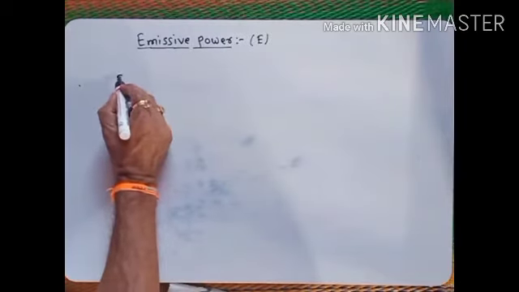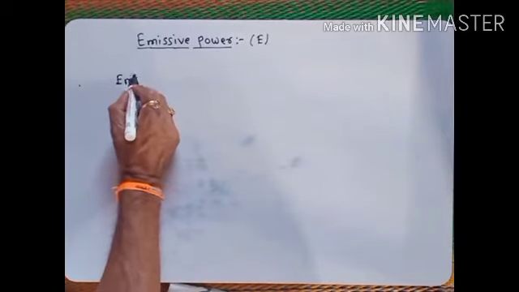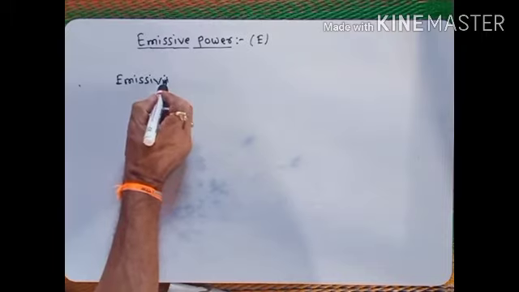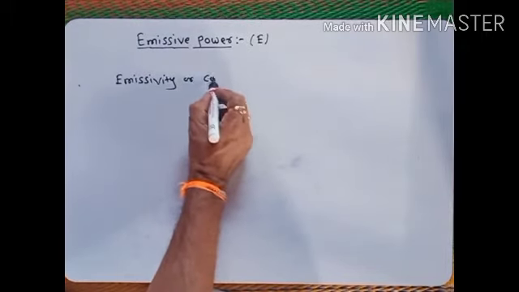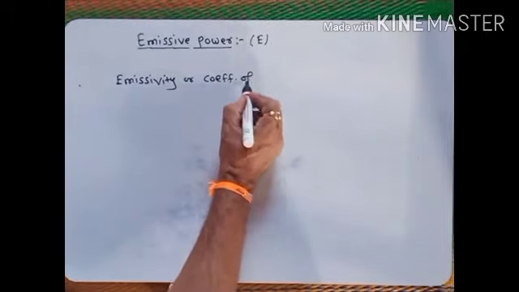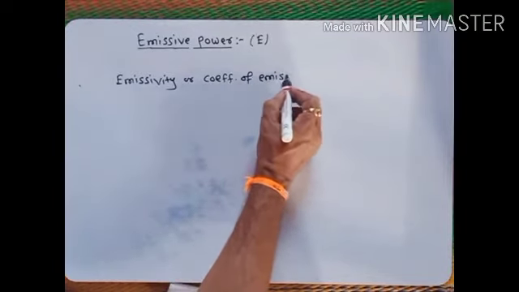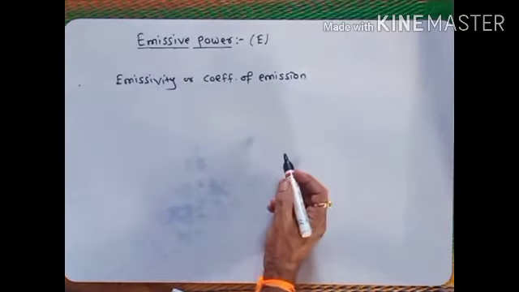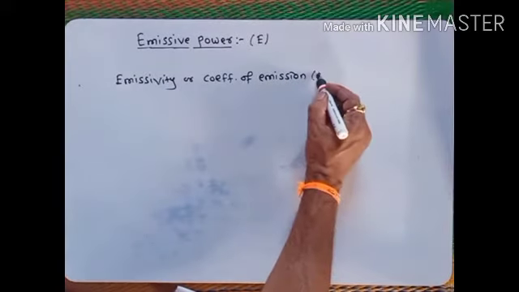Now we'll consider the next definition: emissivity or coefficient of emission, denoted by small e.